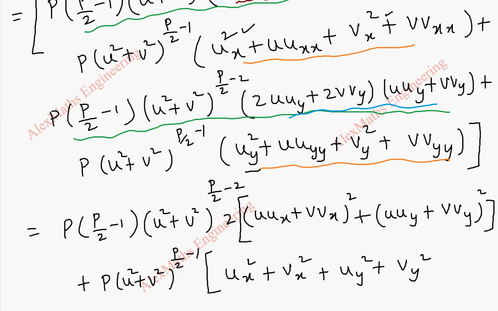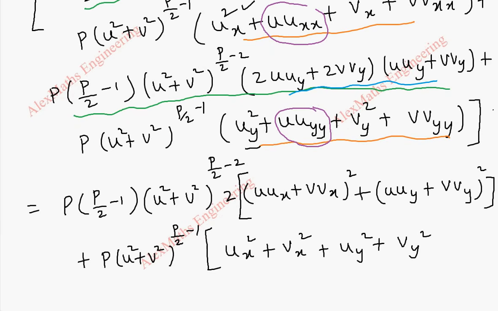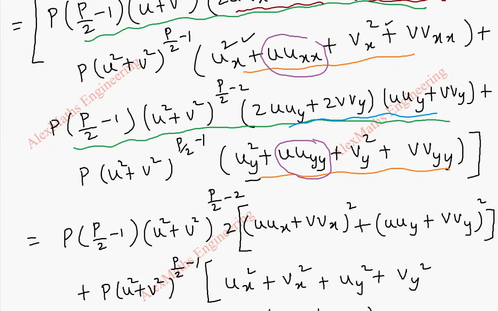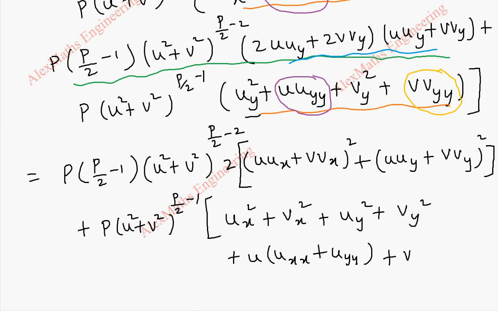We notice from this and from this we can take u common. So when we take u common, it is uxx plus uyy. In the same way, from these terms we can take v common. After taking v common, we get vxx plus vyy. So close the bracket and close the entire bracket.